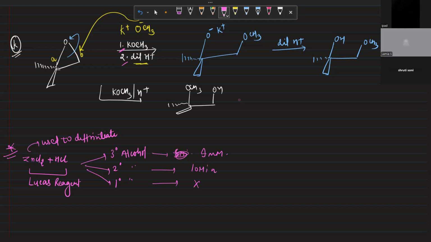And if it is a 1-degree alcohol, there is no reaction. See in the reaction on the second page, the 1-degree alcohol reacting with ZnCl2: no reaction will proceed in that case. Because it's 1 degree.